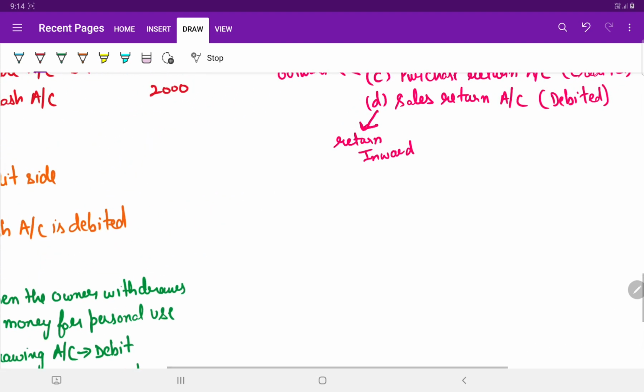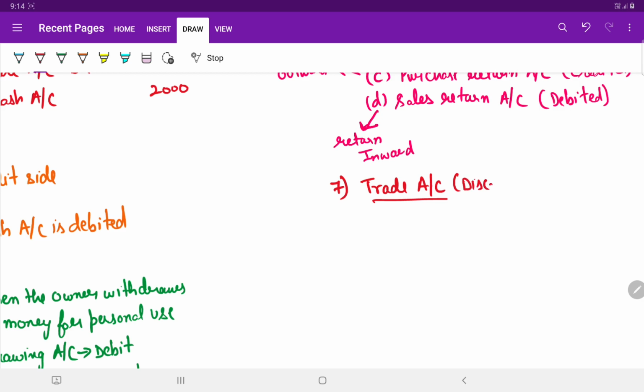Next, the seventh type of account we will be studying is the trade discount. So, what is a trade discount? The trade discount means it's basically a discount we are talking about. No journal entry is done because it is deducted from the cash memo or the invoice.